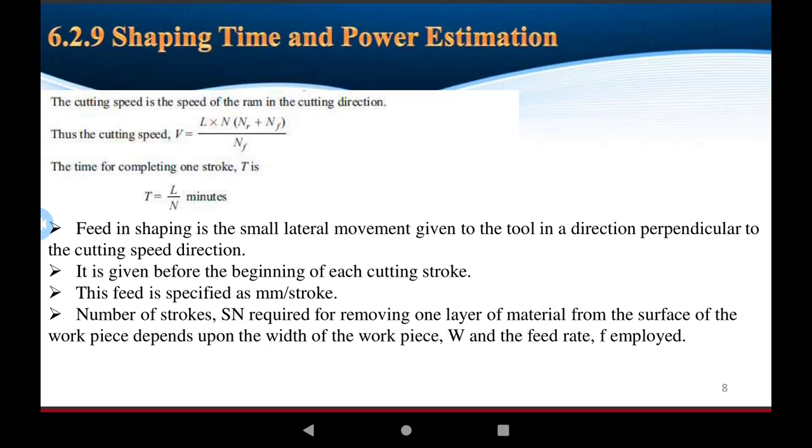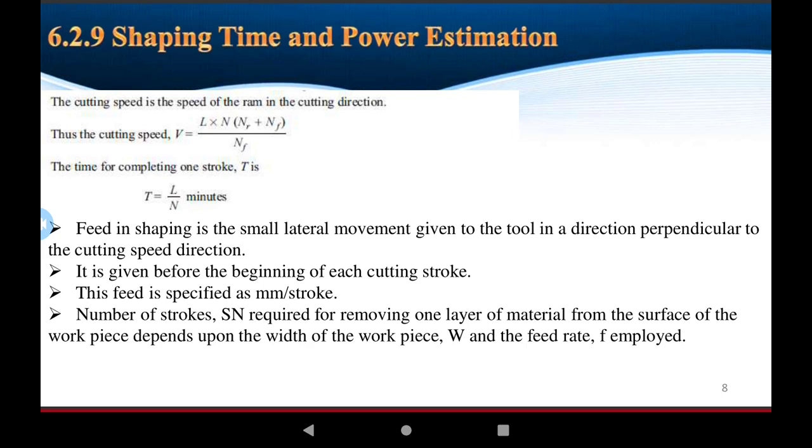This is also a point discussed for the velocity of the tool's cutting speed, the time to complete the stroke, the cutting speed ratio, and the forward cutting stroke.